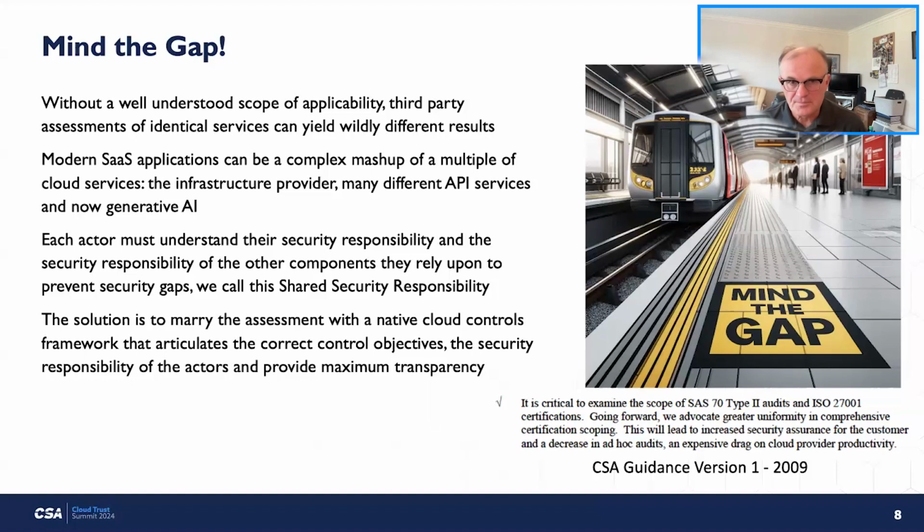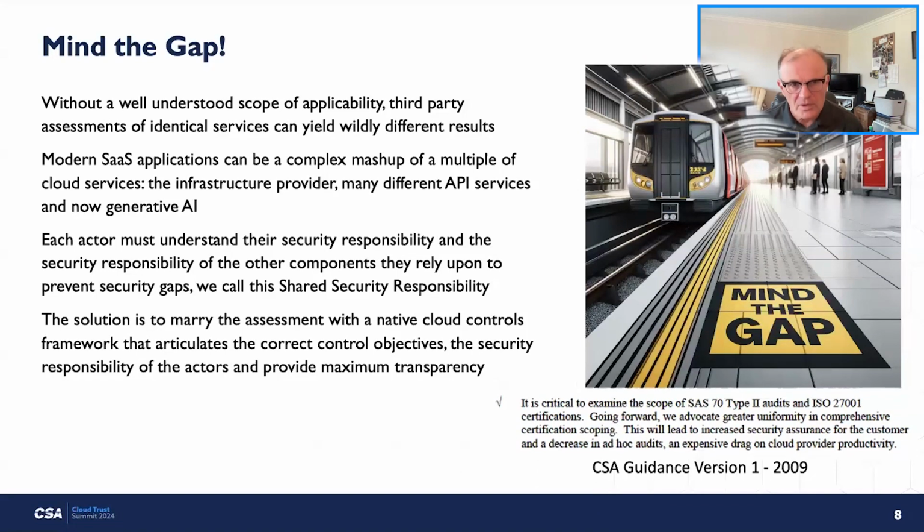And so one thing that's very important, which I'm going to be hammering home, is this: we need that well understood scope of applicability. Otherwise, different audits, different certifications can have very different results and different perspectives.